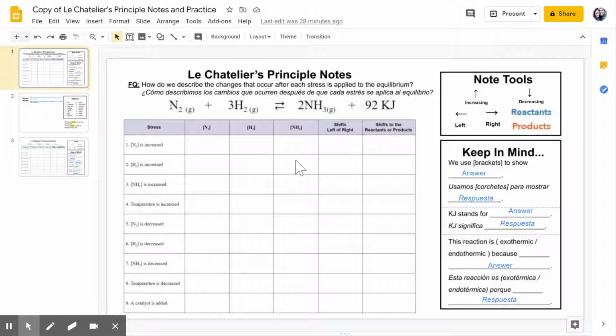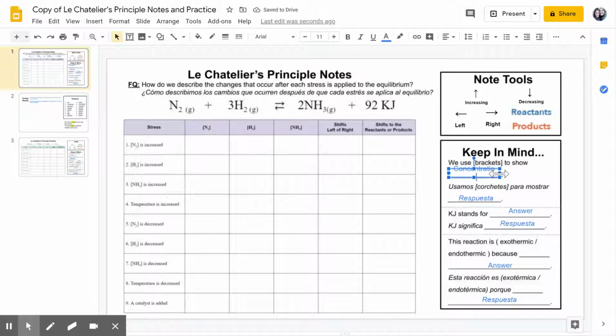The first thing I want to discuss is this idea of using brackets. If you look here, we have our molecules like N2, H2, NH3, and in the chart, they're written in these brackets. That's because we use brackets to show concentration, okay?